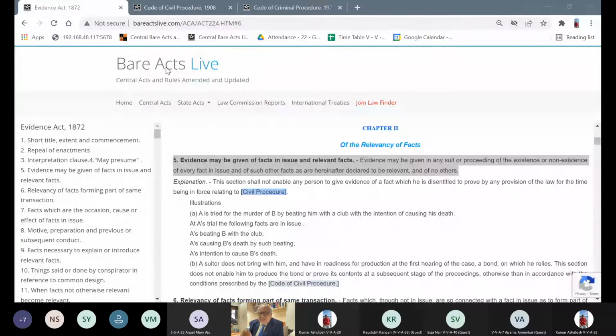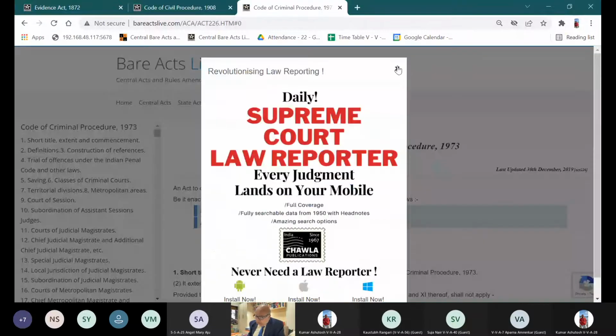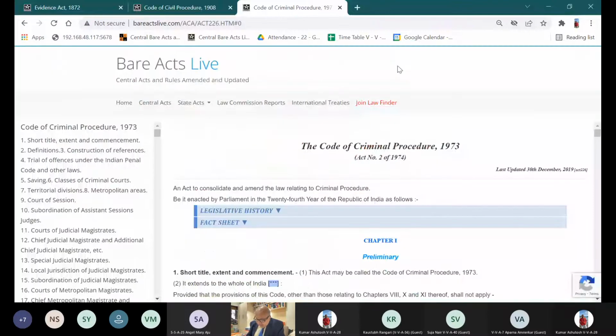But in the CrPC, when you see the definition of investigation, I want to draw your attention: investigation is essentially done by a police officer. An inquiry is done by the magistrate. Kindly see section 2 of the CrPC, and I will tell you that. Please look at the definition of investigation.